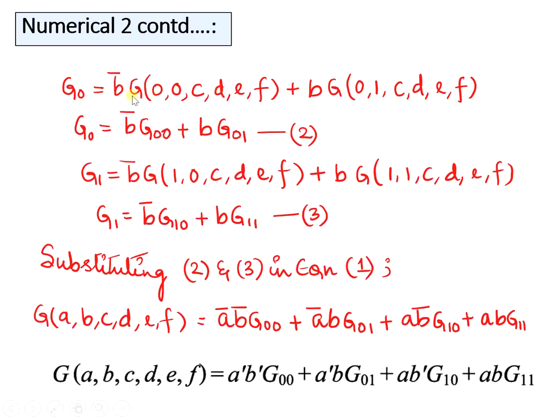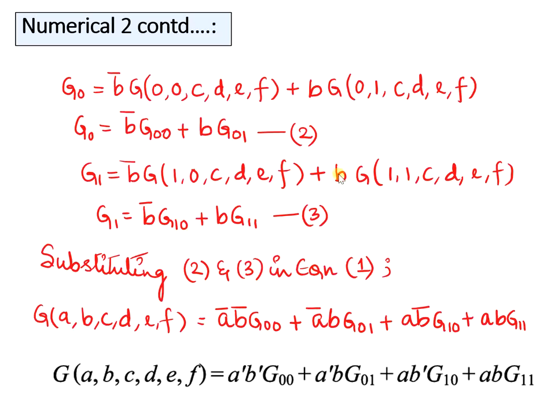So G0 is B bar G00 plus B G01. This is equation number 2. For G1, I am going to consider A equal to 1 and B varying from 0 to 1. So this becomes B bar G10 plus B G11, and G1 is equal to B bar G10 plus B G11.